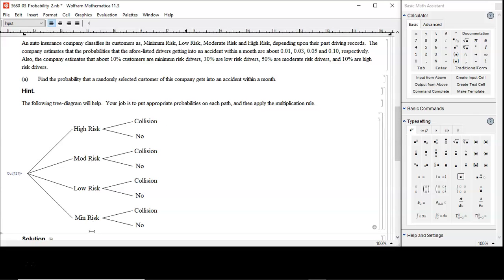And for each category, we have accident or no, collision or no. You can easily see that the yes or no part will become the condition part. And then these are straight up probabilities. Conditional probabilities are all coming from the second row. The first row is the original.